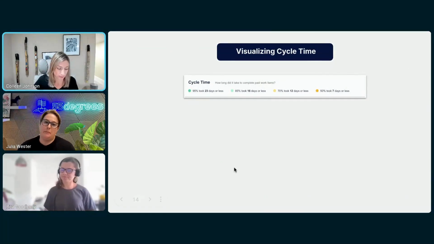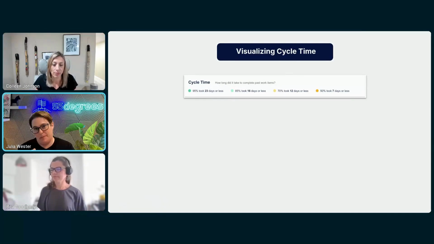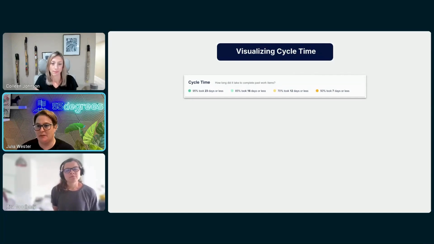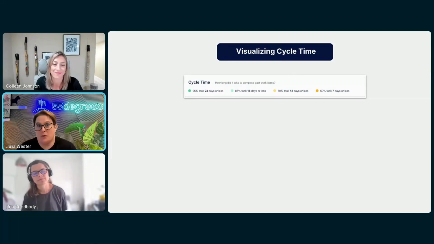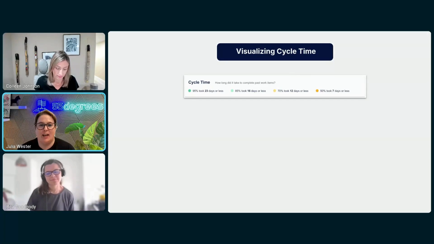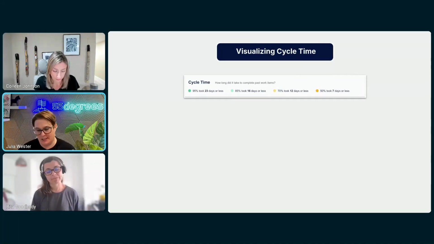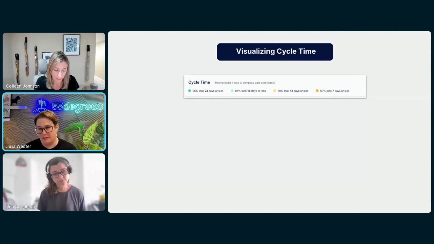Julia? Yeah, so just like I was talking about in throughput, understanding the likelihood, a forecast of what could happen. Throughput is all about the rate at which you finish work. So that's used for understanding likelihoods about finishing collections of work, multiple items.